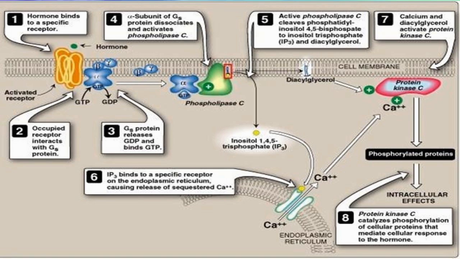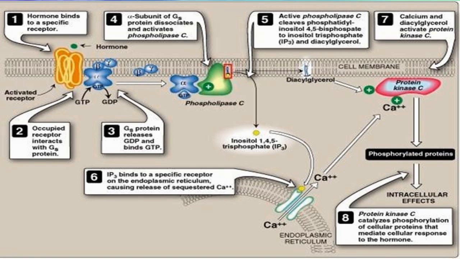This is fascinating because you have the production of diacylglycerol from phospholipase C. Now, diacylglycerol interacts with other regulatory molecules, specifically protein kinase C, activating it. But activation of protein kinase C does not only depend on interaction with diacylglycerol, it also depends on interaction with calcium ions, which come from the ER.